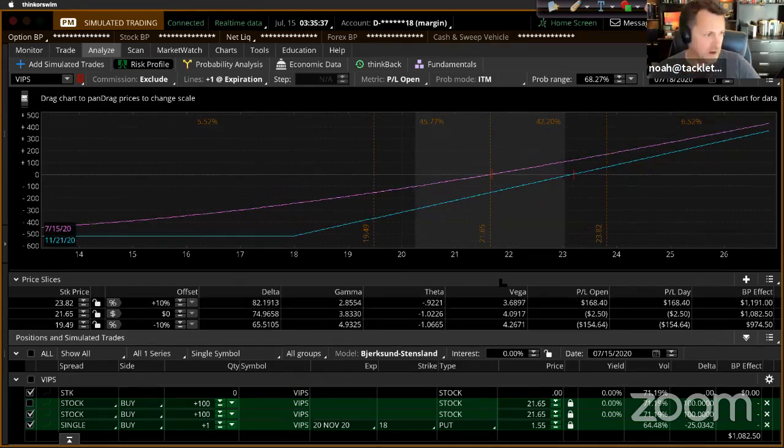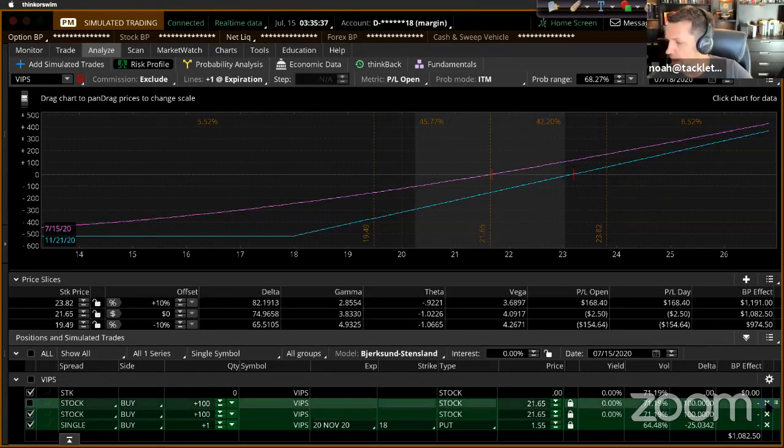Now, this is another way to think about it. This is kind of a fun one, and I'm going to teach you another trick real quick here. I think you guys will like this. If we buy the stock, 100 shares at $21.65, what's the cash outlay? Let's imagine you're in a cash account. 2165 times 100, $2,165, right?